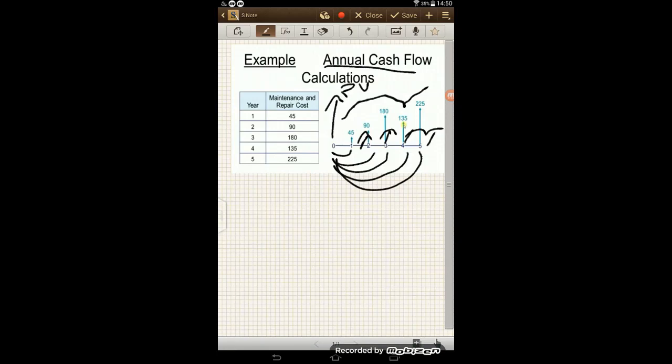We know that when we calculate the present worth of any cost, the first one is 45 multiplied by P over F, because this 45 is a future value, the first year value. Let's consider the interest as 7% and 1 year, right?